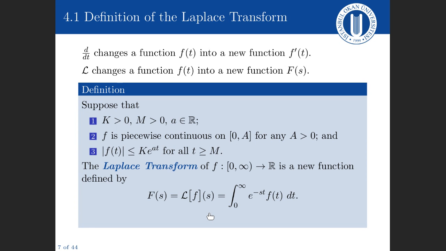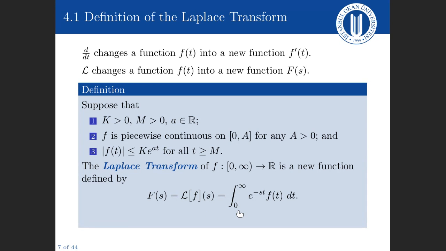The Laplace transform of small f is a new function called capital F, which is defined to be the integral from 0 to infinity of e to the power minus st f of t dt. When we write integral from 0 to infinity, really we mean the limit as capital R tends to infinity.